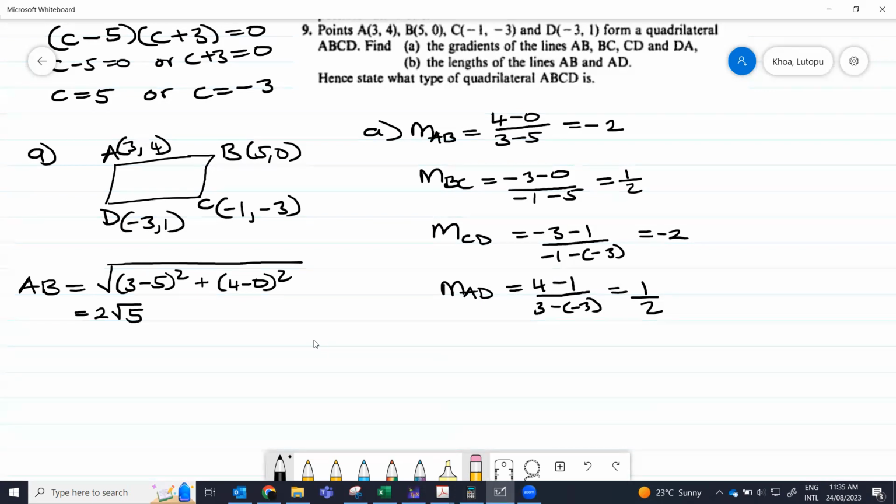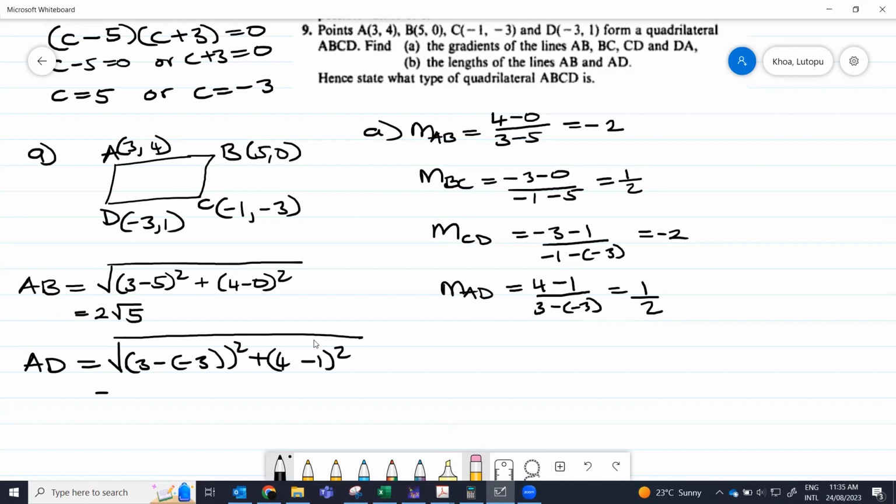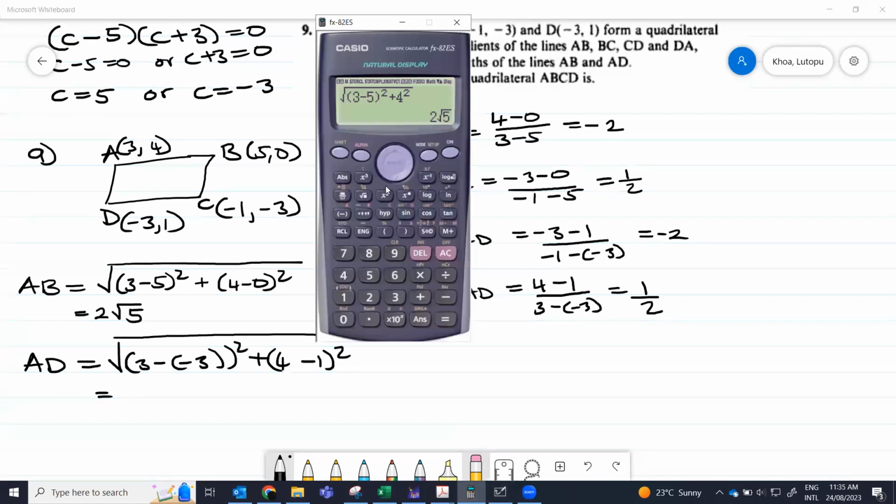Okay, and then we want AD. AD, this is 3 minus -3, we square this, plus 4 minus 1. Calculator.